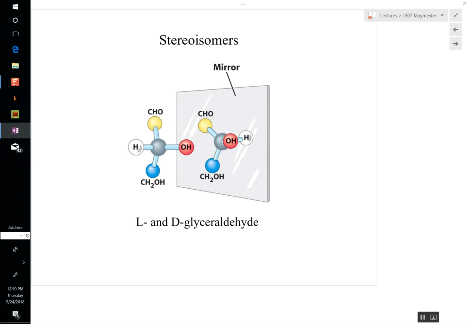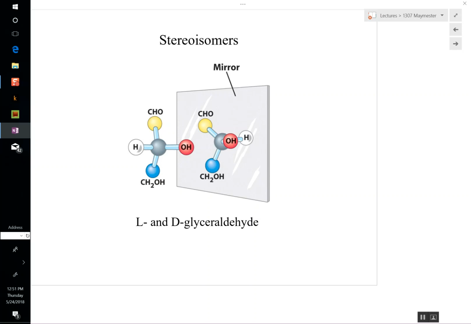Let's just look at one. This carbon has a hydrogen. It has an OH group. It has an aldehyde group. And it has a CH2OH group on it. Those are all 4 different things. That is what gives rise to optical isomers.